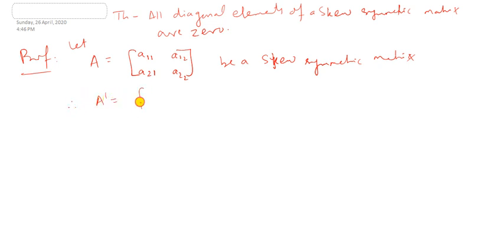Therefore A dash, let me find A dash, the transpose, that is A11, A21, A12 and A22.